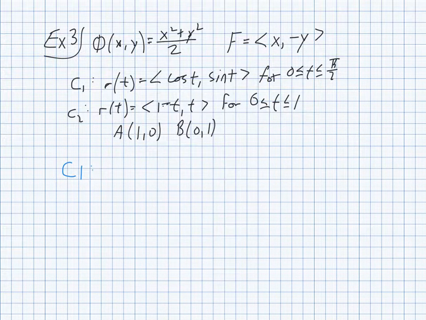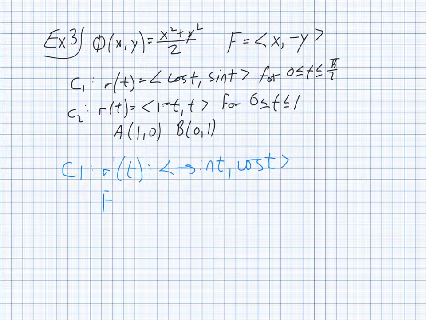And we need to compute r prime of t. That goes into our line integral formula. So that would be negative sine t, comma cosine t. And then we also need to write our f, our gradient function, in terms of t.